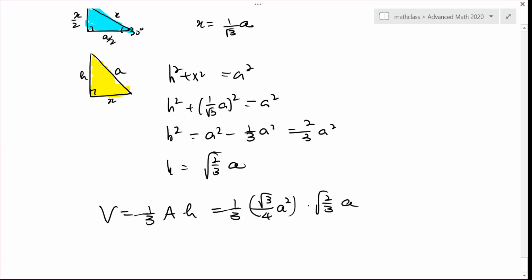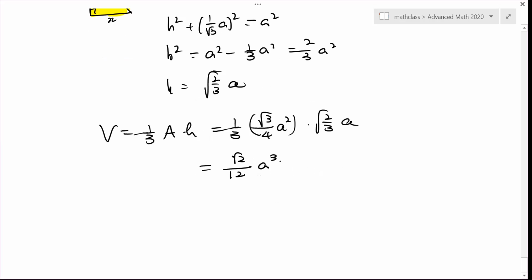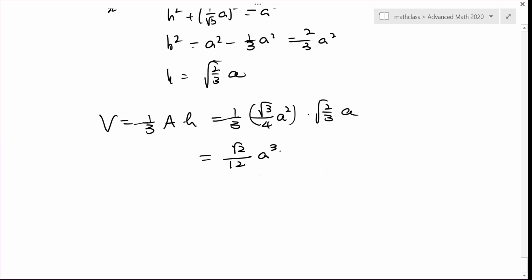So square root 3 cancels out, and I have a square root 2 left on the top, and that is our answer. You have to use a right triangle to find the height.